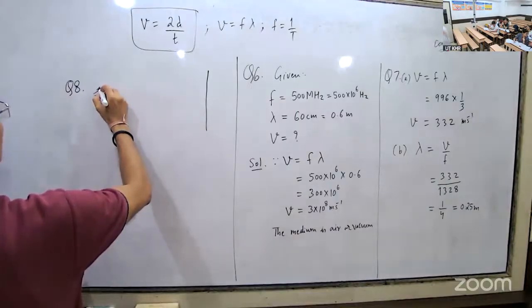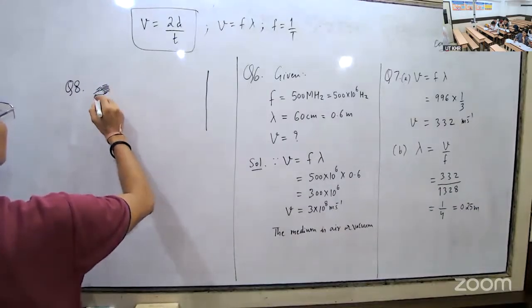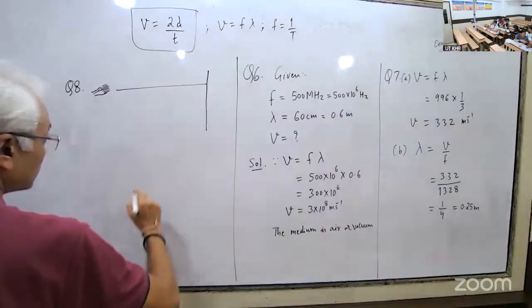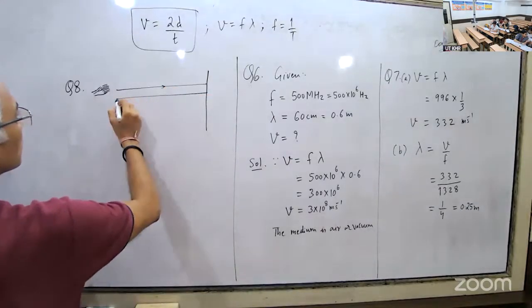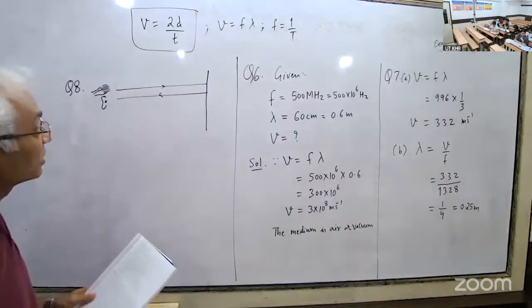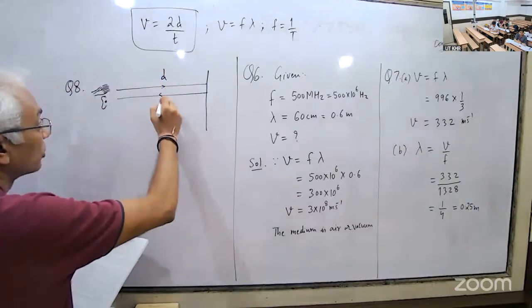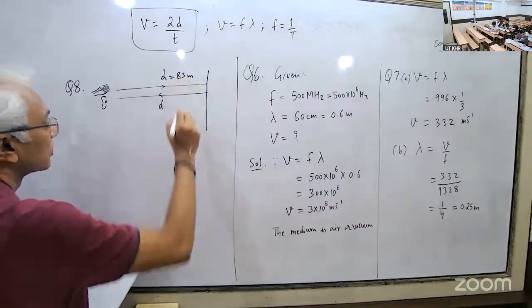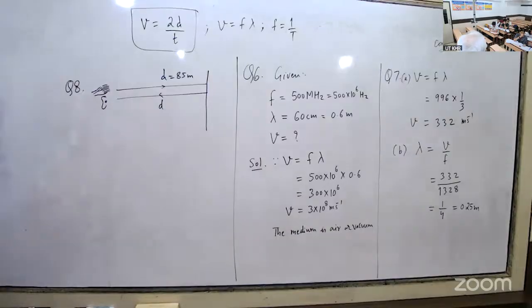There is a clap going on, so he is listening to the clap. What is the distance? 85 meters. And he produces 2 claps per second. He notices that the sound of his clapping coincides with the echo.